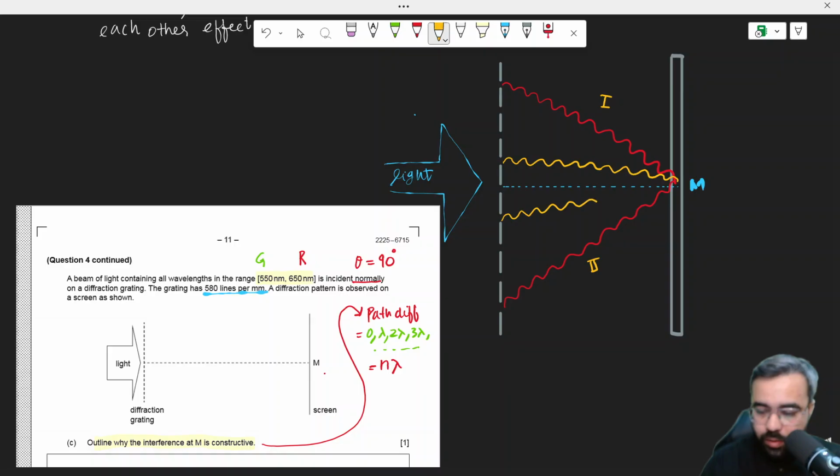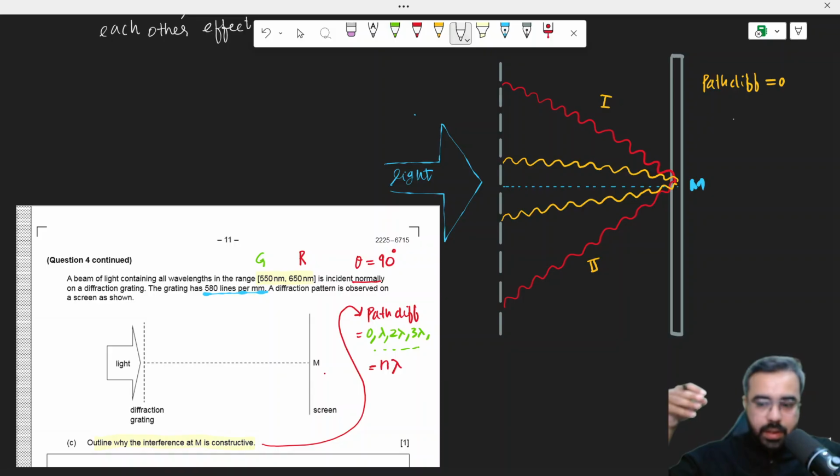So don't you think that there is always a path difference of 0 between the two rays of light which are coming from the same distance, from opposite sides of the screen? When the path difference is 0, and moreover all the lights are reaching this point M, they will add up to each other.